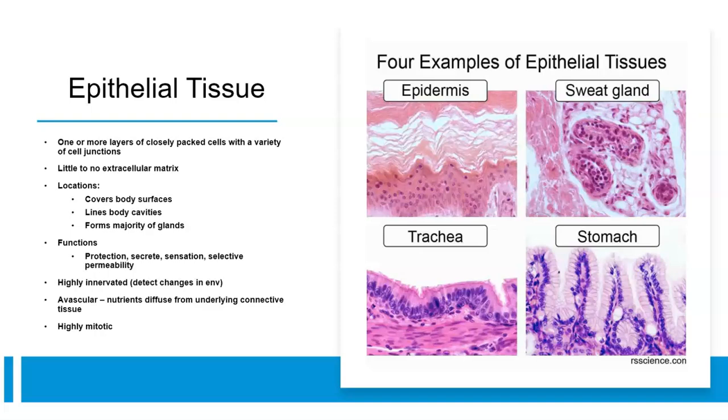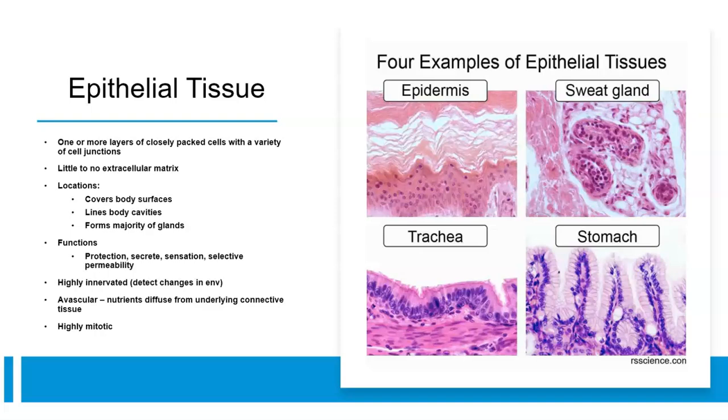That prevents dehydration. Also, just being a covering helps to protect us against abrasion and anything that could cause harm, such as physical, chemical, or biological agents that could damage if they were able to penetrate through those epithelial layers and get to the underlying tissues. Epithelials are selectively permeable.